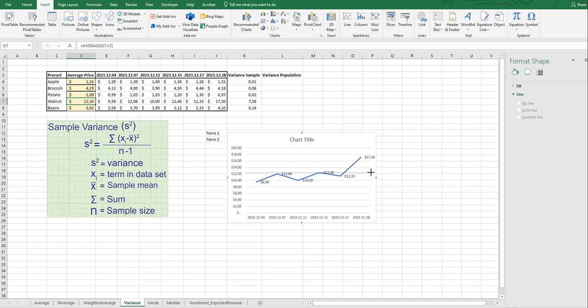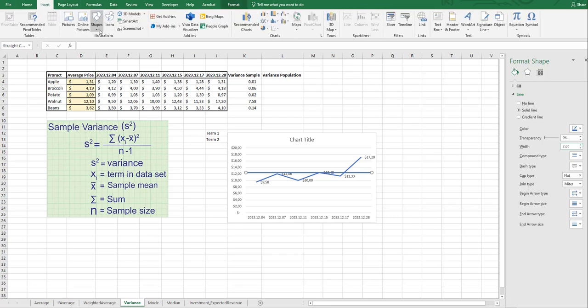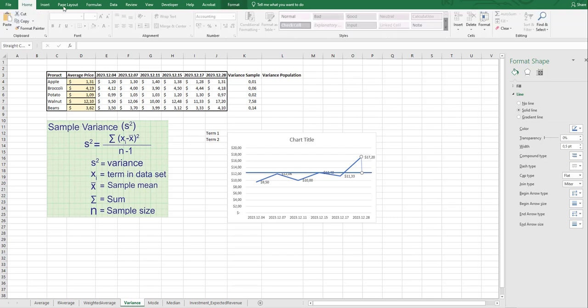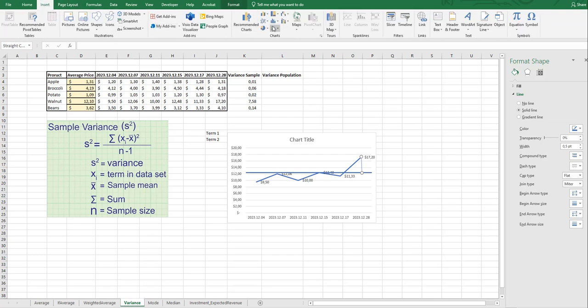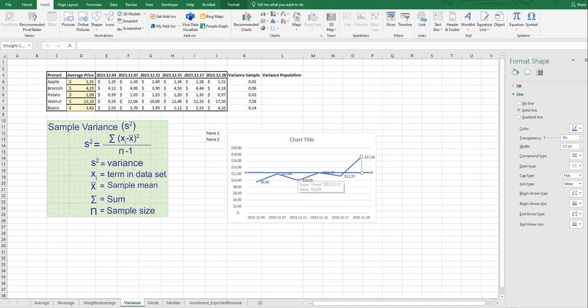So when we talk about the variance, this blue line is our mean, and when we talk about variance, we talk about the distance between this 17 point and the 12, and for other prices as well.